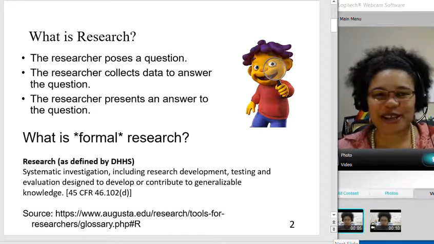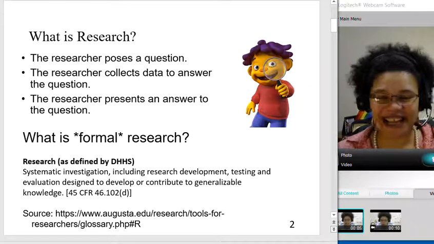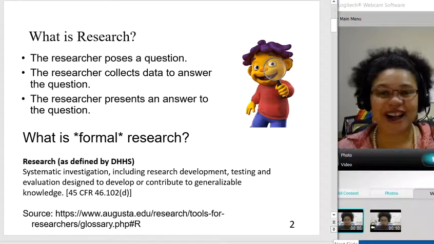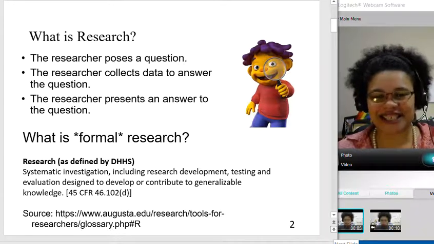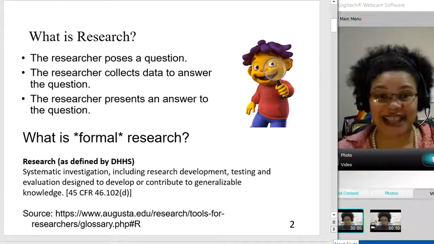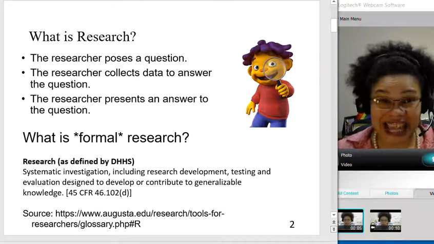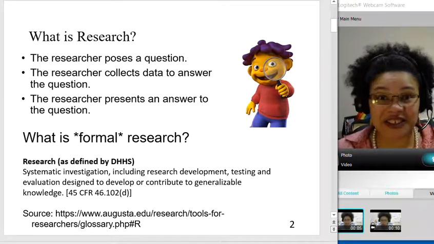And I put a little mascot there, Sid the Science Kid, who, if you have young children, you may have recognized from PBS. Sid the Science Kid is a preschooler who, along with his classmates and his family, does investigations. And I just put that there to remind us that ever since you were very young, you've been asking questions, collecting data to answer those questions, and then based on the data that you saw, deciding what the answer is.